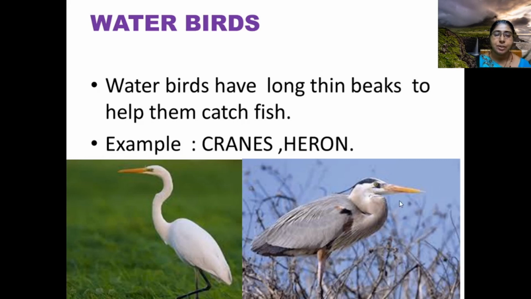It has also a long pointed beak to catch fish. Where do we see them? You can see them in the paddy fields and near the pond also. They are water birds, but they eat the flesh of other animals. So they have long thin beaks to help them catch fish.